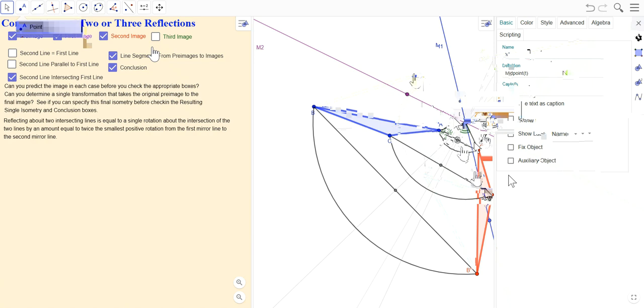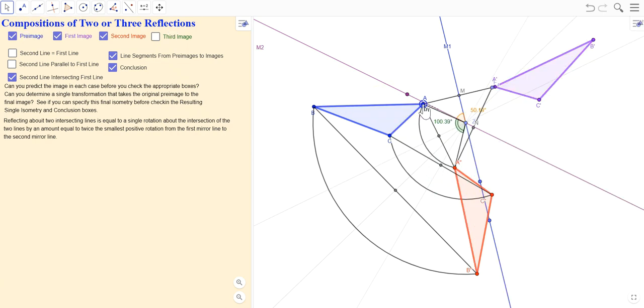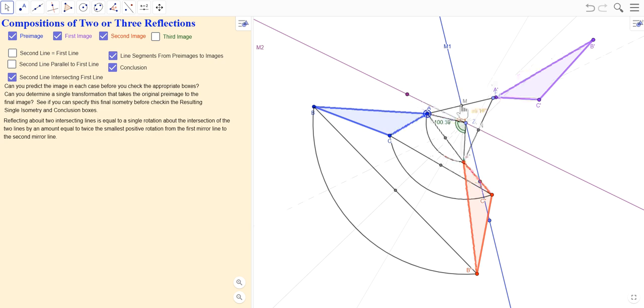Okay, so now at this point, the angle here from N to Z to M is the angle between these, at least one of the 2 angles between these lines.